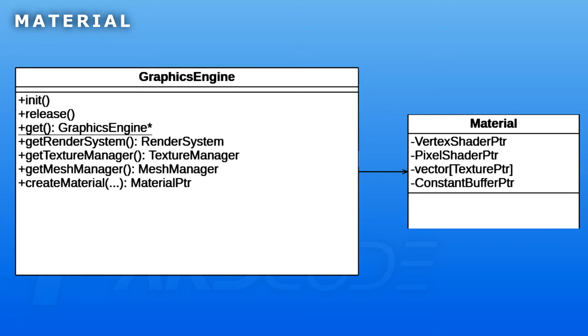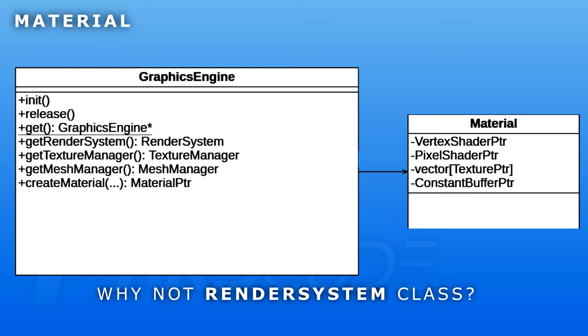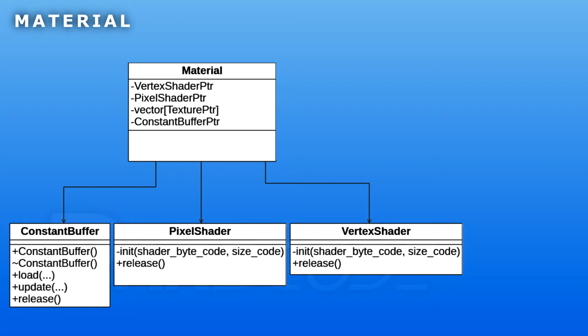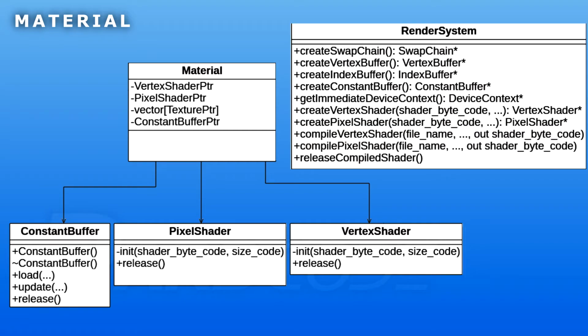But why from the graphics engine class and not from the render system class, for example? Because a material is a high-level resource that is made of other atomic and low-level resources like vertex shader, pixel shader, and constant buffer, that are instead resources created directly from the render system and more specifically from the graphics API.